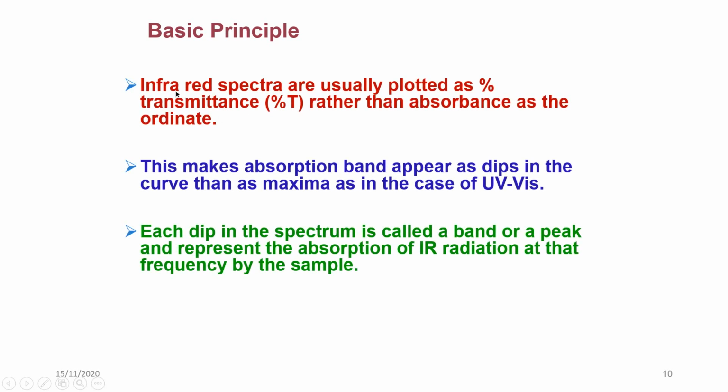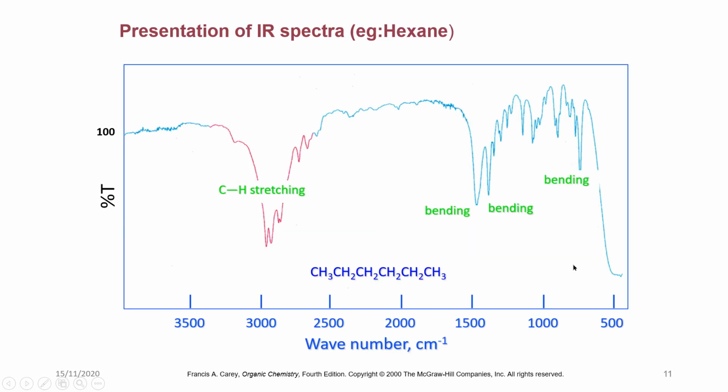That is why in infrared spectra, usually the graphs are plotted with percentage transmittance on the y-axis and wave number along the x-axis. Hence, dips are produced in the spectrum and they are called bands or peaks in the IR spectra.